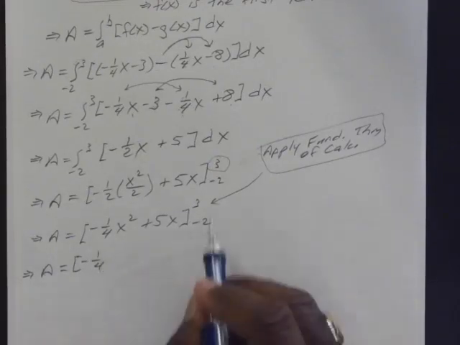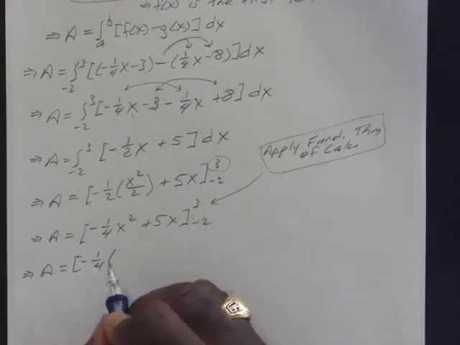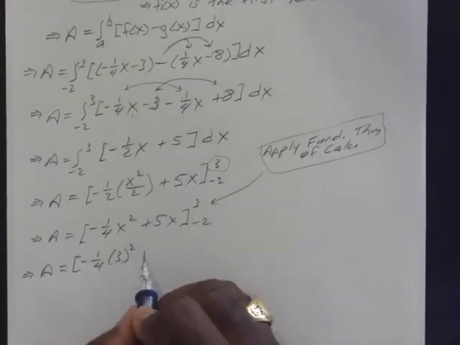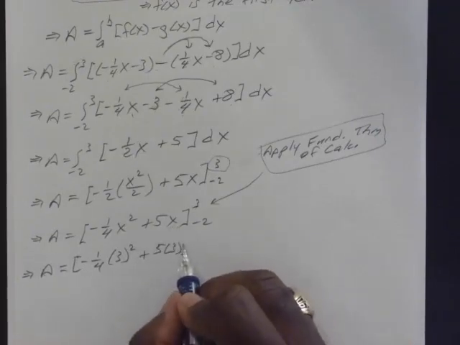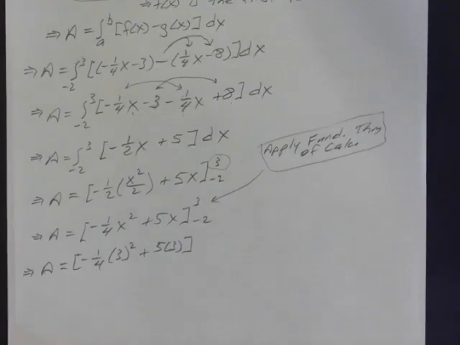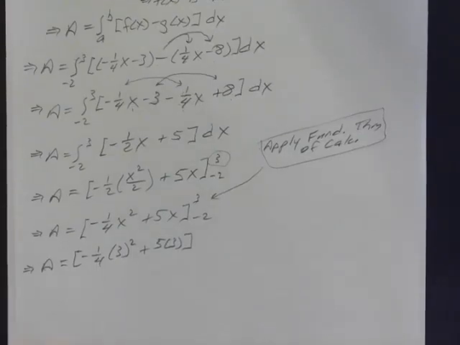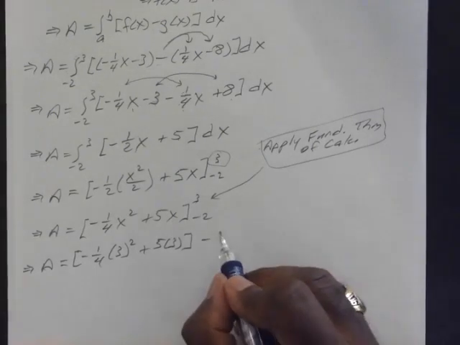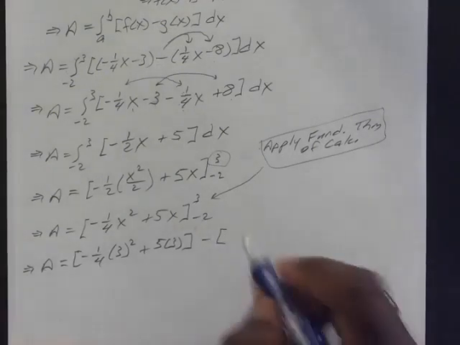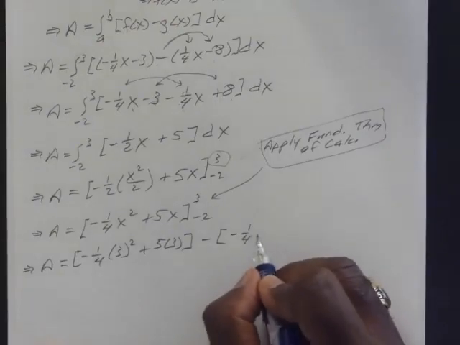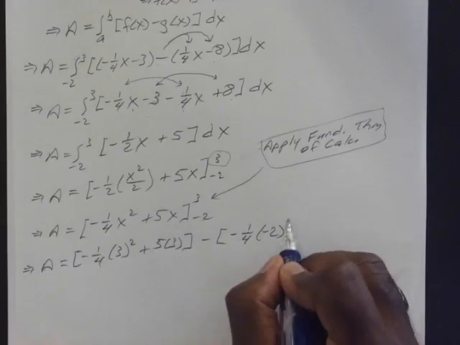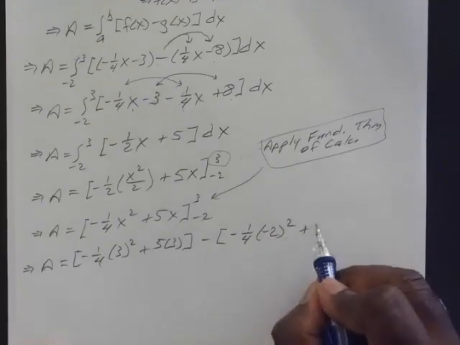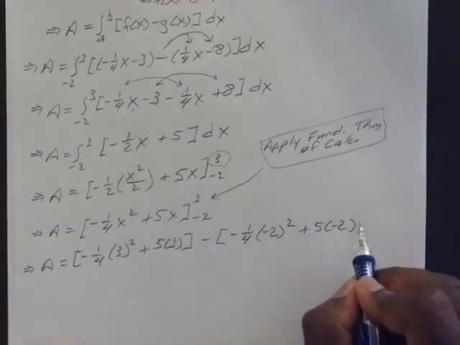So -1/4 times 3 squared plus 5 times 3, minus, now we plug in our lower bound, negative 1/4 times negative 2 squared plus 5 times negative 2.